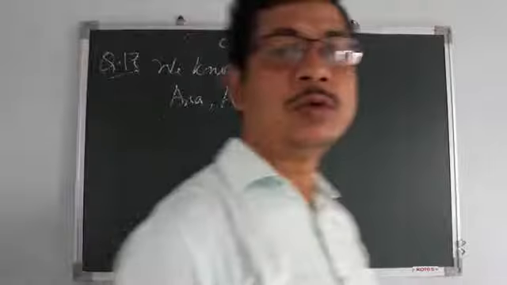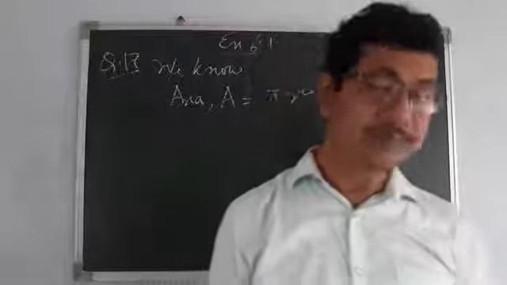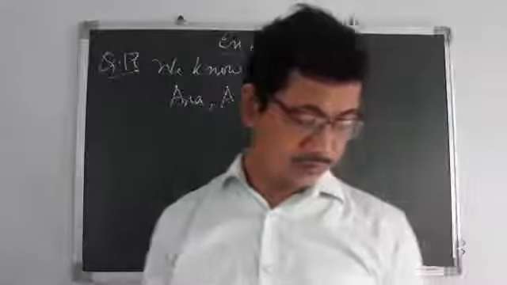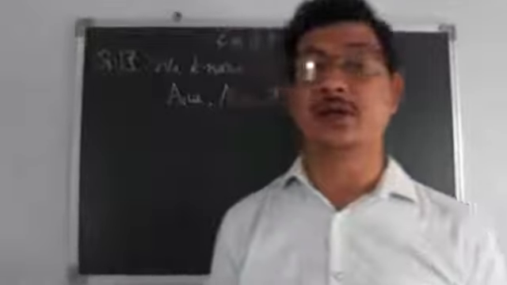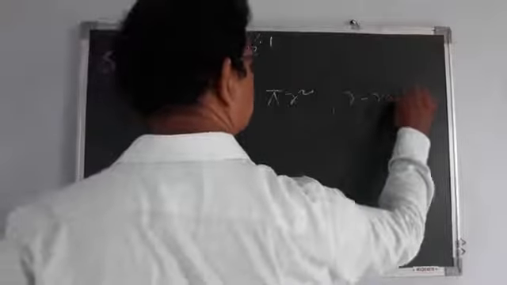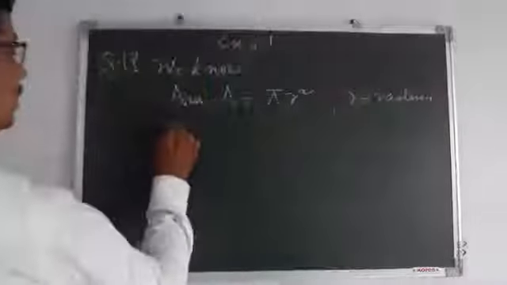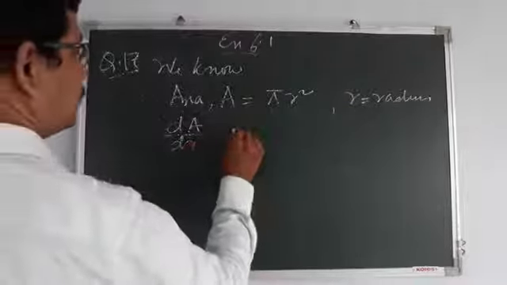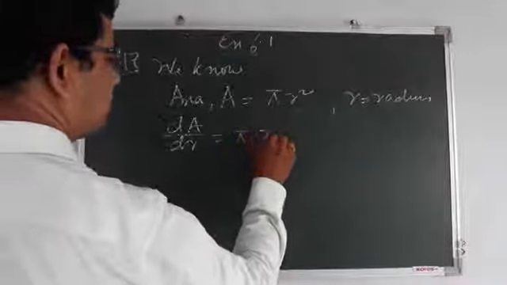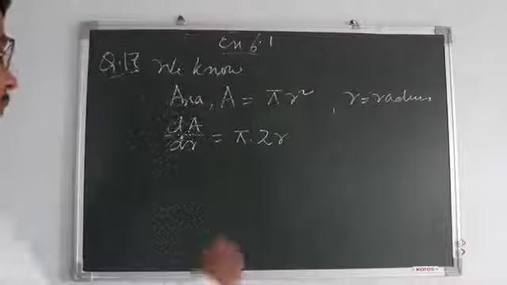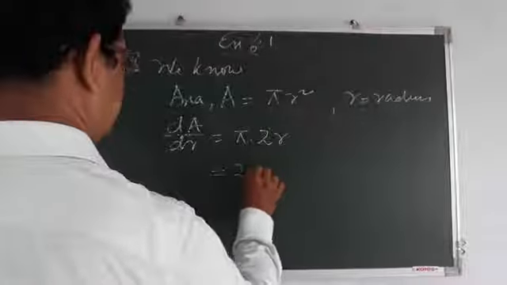Area of circle formula is πr². We have to find the rate of change of area of a circle with respect to radius r. Here r is radius. So if we differentiate dA with respect to r, then it is π, and r² differentiation with respect to r is 2r. So 2πr.